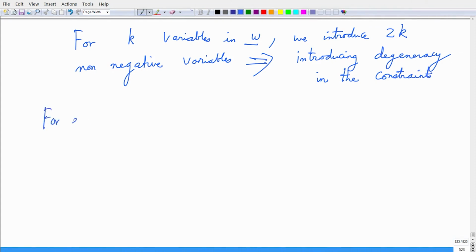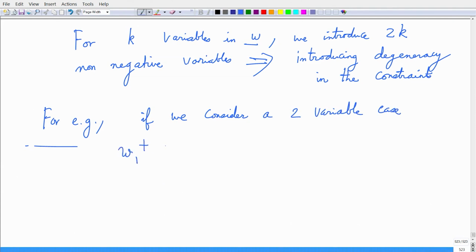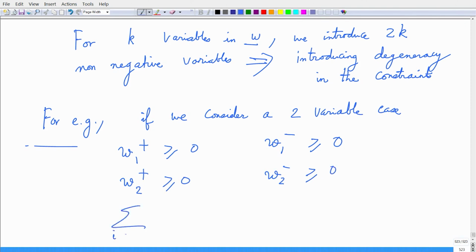So, for example, if we consider a 2 variable case, we have W1 plus is greater than or equal to 0, W1 minus is greater than or equal to 0, W2 plus is greater than or equal to 0, W2 minus is greater than or equal to 0, and then summation i equals 1 to 2 of Wi plus plus Wi minus is less than or equal to t, right.